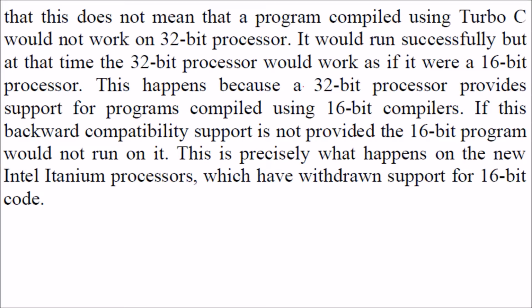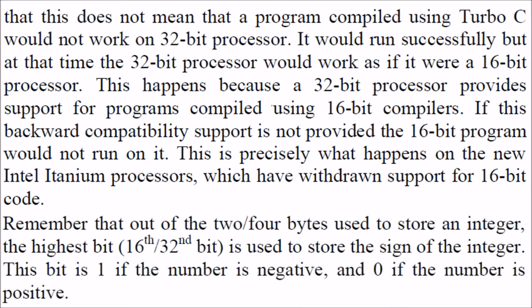This means that 16-bit will work on 32-bit, and 32-bit on 64-bit, but the backward compatibility is not there. If you have made a 32-bit program, it's highly unlikely that it is going to run on 16-bit.